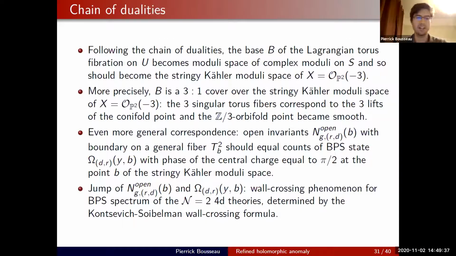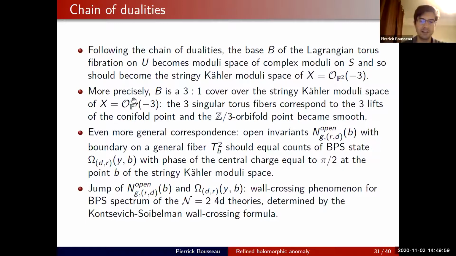I don't know if it was obvious from the previous chain of dualities, but I claim this is B, which was the base of our T2 fibration. If you go through the chain of dualities, it should be related to the stringy Kähler moduli space of local P2.